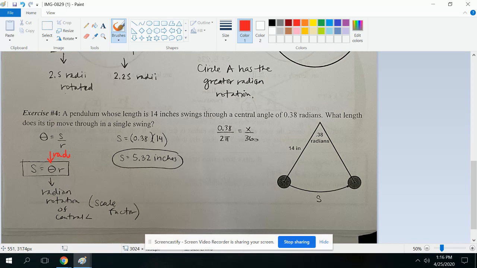You can let go of that lengthy cross multiplication strategy to find the length at this point. So I just said, if it's 0.38 radians and the radius is 14 inches, I multiply that together. That's how many radii, 0.38 radii, fit along the arc. So the length is going to be 0.38 of 14, which ends up being 5.32 inches.